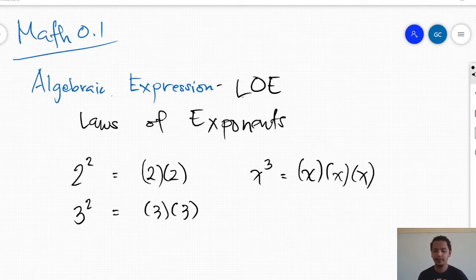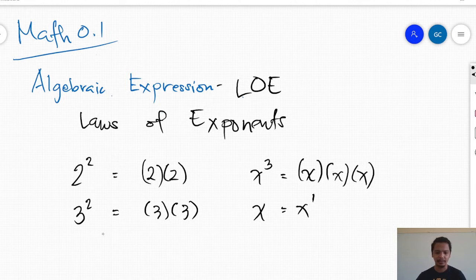So, meron lang tayong mga ilang bagay na kailangan i-consider. Kapag nakita nyo na ang isang number or ang isang variable ay walang nakalagay na exponent, let's say x, that is actually equal to x raised to 1. So, isa yan sa mga understanding na kailangan natin gawin. Okay?